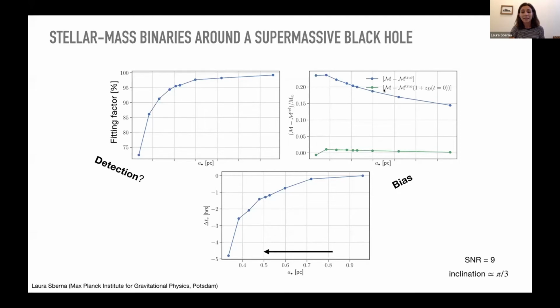And at the same time, when you have not lost the SNR completely, so you can still detect the source, you might still have sizable biases in the parameters of your source, for example, the chirp mass or the time of coalescence. And this can be mildly important for astrophysical purposes. Really, the chirp mass has not deviated that much. But the presence of this bias is an indication that, for example, tests of GR would be very off for these sources.